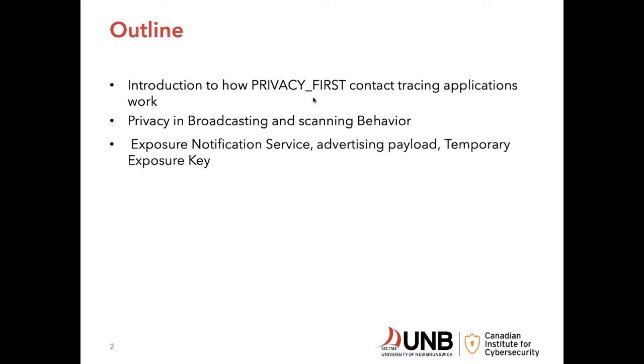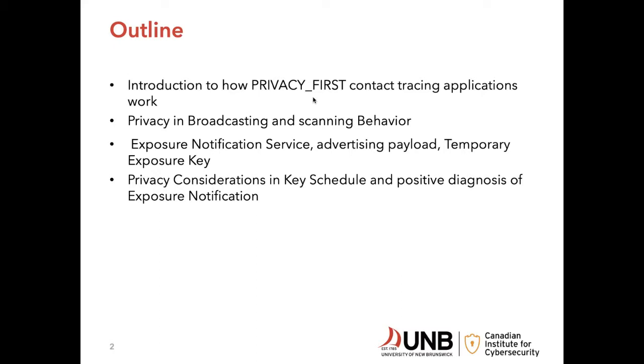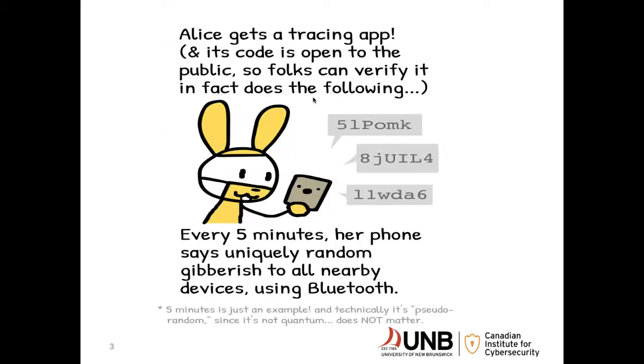Then I'll try to describe how the temporary exposure keys are generated, distributed, and stored. Also, I'll describe different privacy considerations in the key scheduling and the different cryptographic algorithms that are being used in this kind of application. I will mention one possible security attack on this application, and at the end, we'll show whether we can trust this application or not.